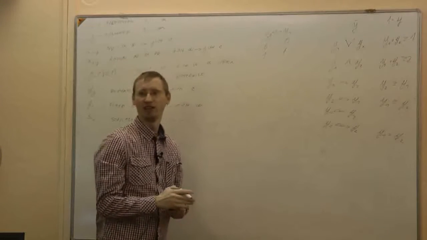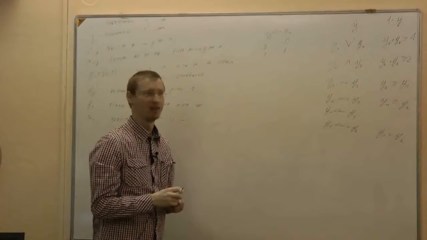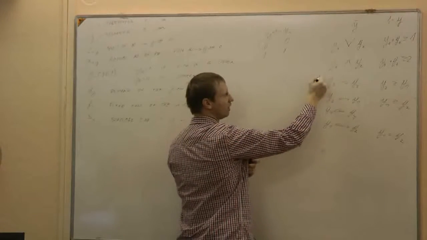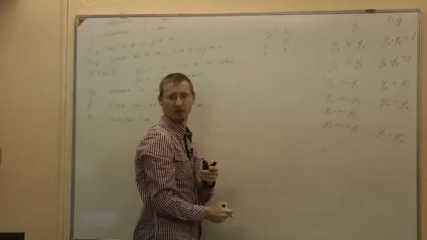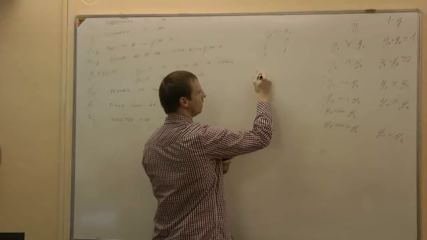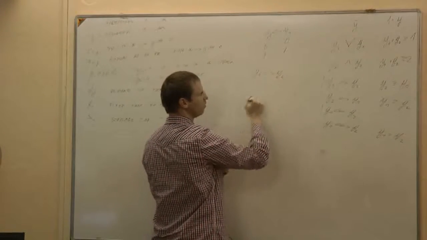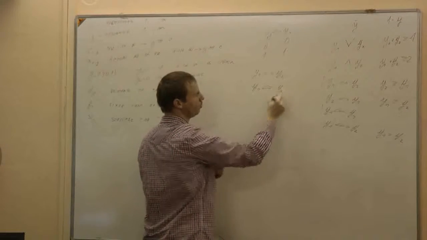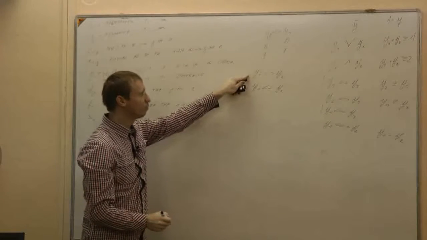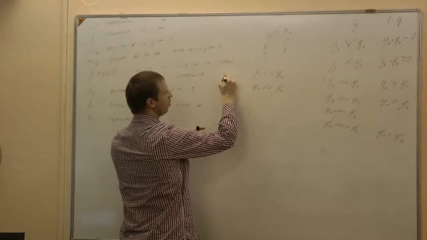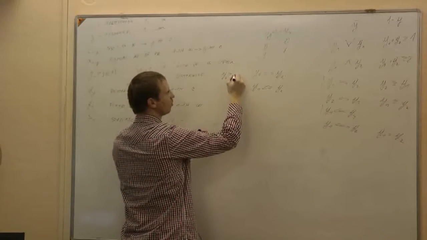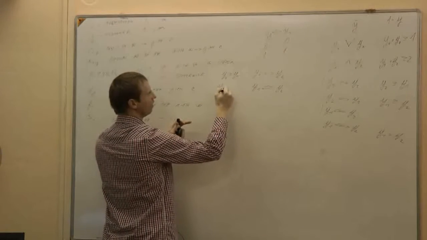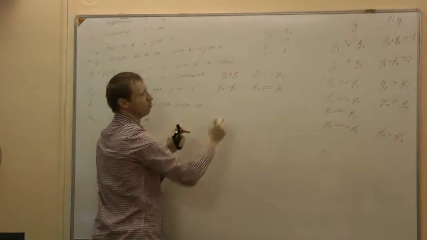By the way, there is an even easier way how to remember this. Equivalence is really just implications going in both directions, right? So we have y1 implies y2, and equivalence means that y1 will be implied by y2. We know that this one is y2 larger than or equal to y1, and this one is y1 larger than or equal to y2.